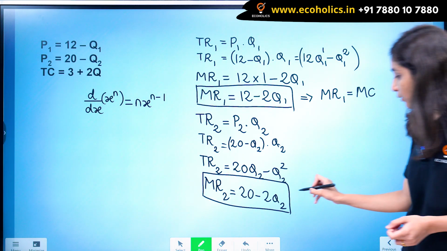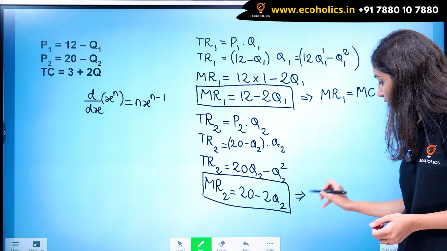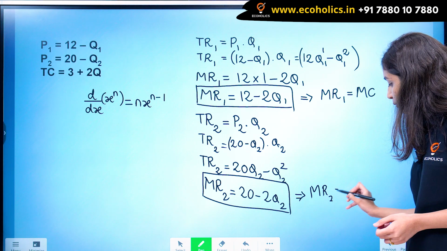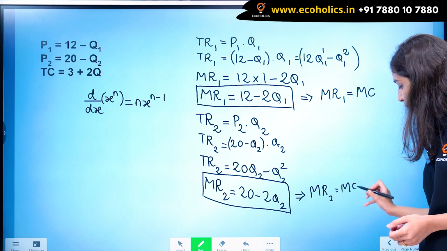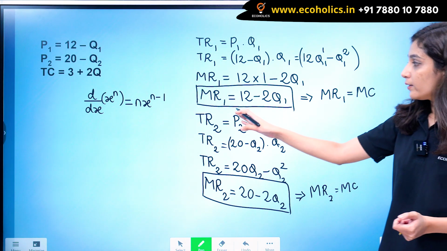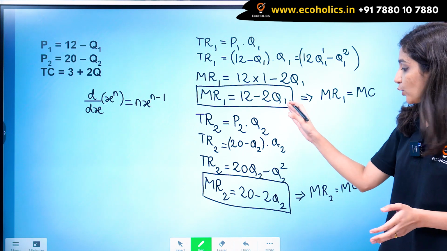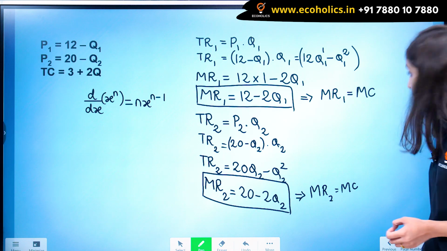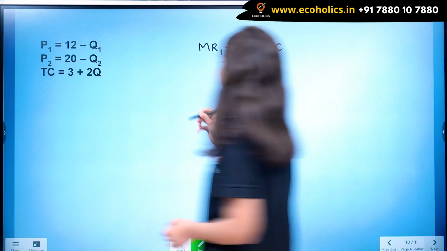and similarly we can also equate this term, that is MR2, to MC. Now our MR1 is 12 minus 2Q1 and MR2 is 20 minus 2Q2. So I'll write this over here.